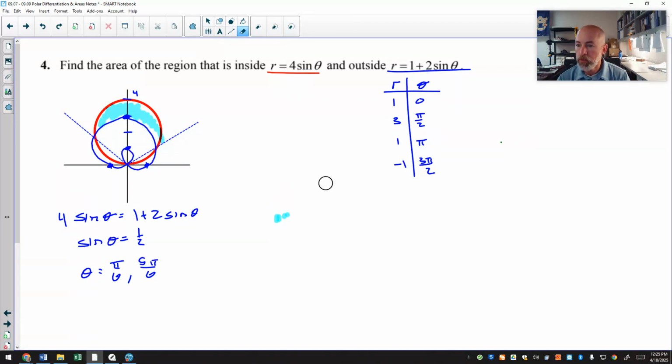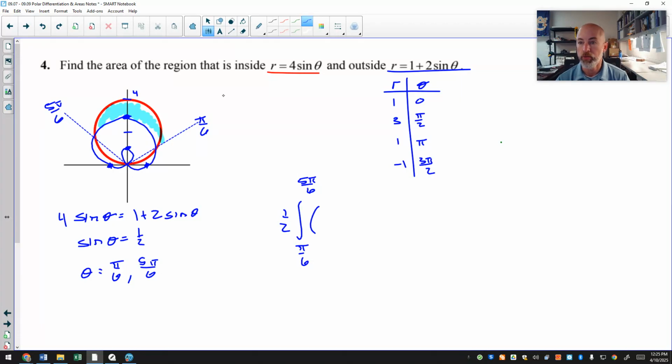Okay? So we're going to do the area inside the circle, which would be the area from, I guess I'll go pi over 6 all the way to 5 pi over 6. Don't forget the 1/2. And that's of the red graph.